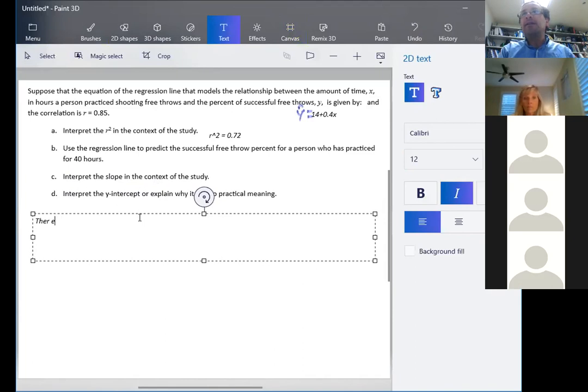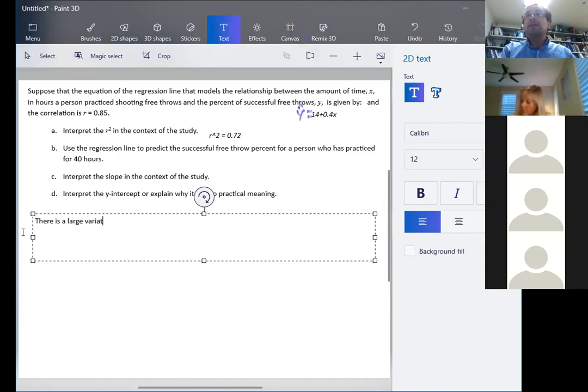There is a large variation in the percent of successful free throws in the whole population.